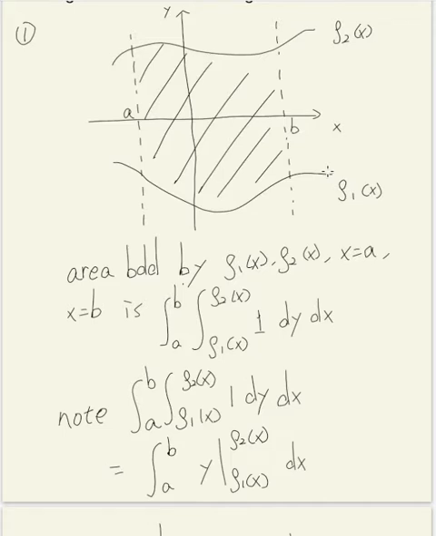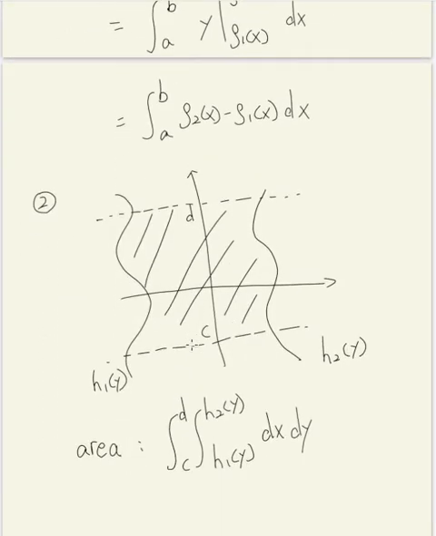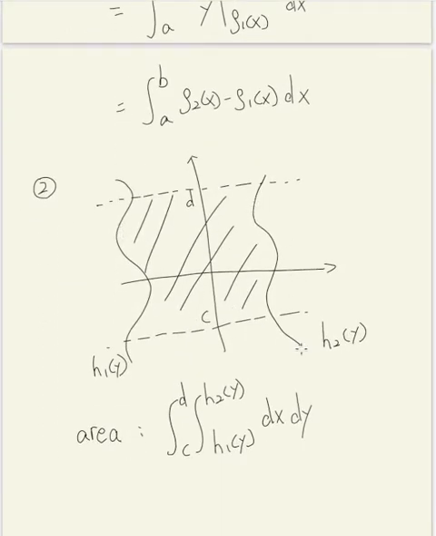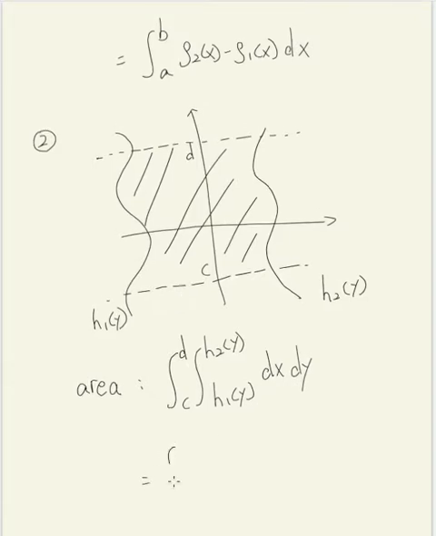When you integrate with respect to y, you get a function that depends on x, and then you can integrate that from two known fixed constants, a and b, and everything will work out fine. Similarly, since the left and right bounds for this shape are functions, we integrate with respect to x first. And again, this also equals the integral from c to d of h2 of y minus h1 of y, dy.